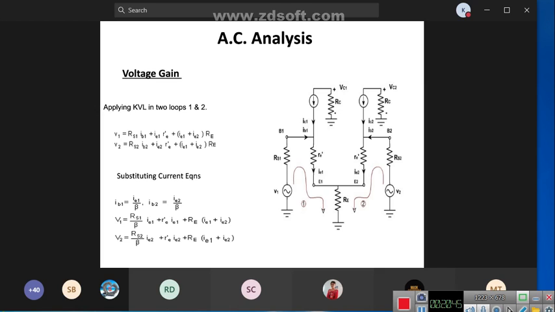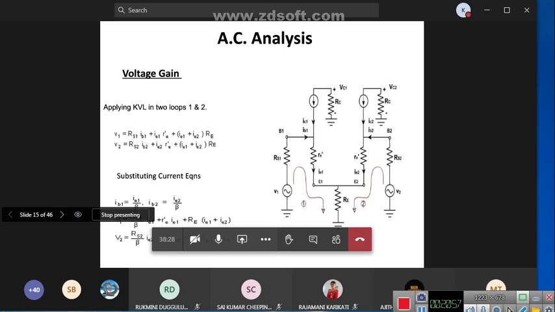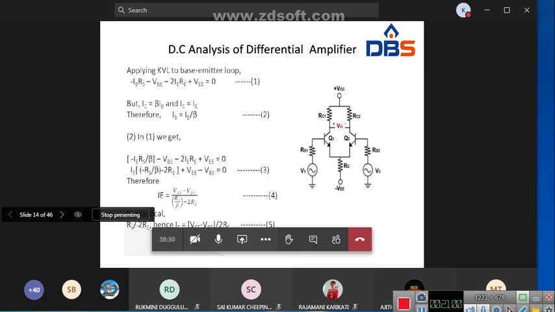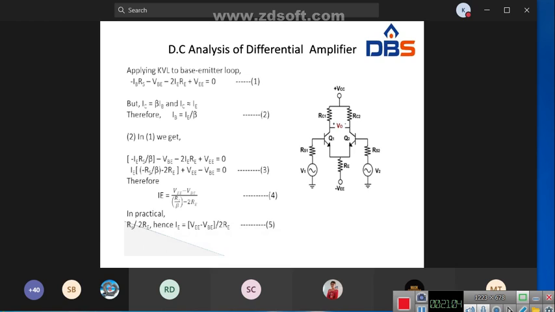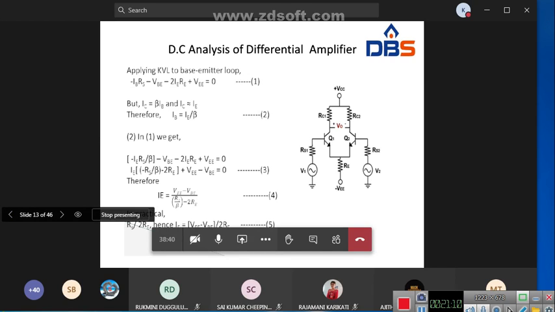So applying KVL to these two loops, we get these two equations, V1 and V2. Here substitute the current equations. We know that IB equal to IE by beta, so IB1 equal to IE1 by beta. Substitute these current equations.